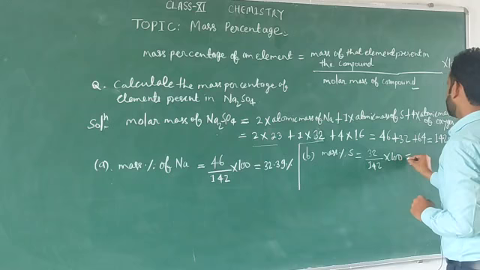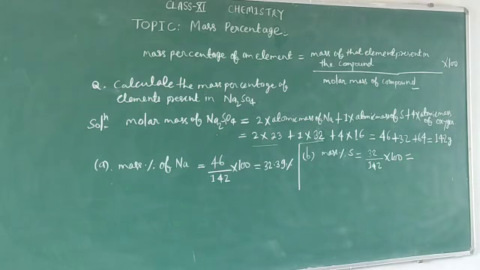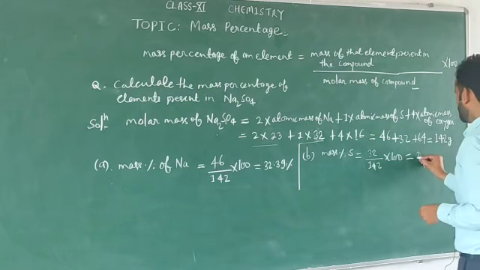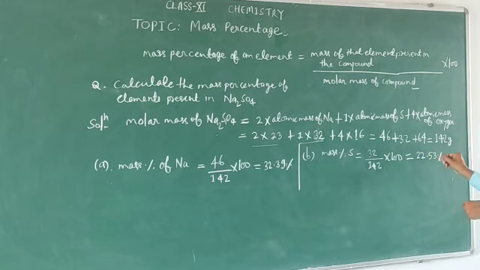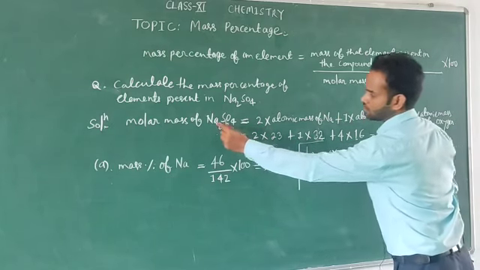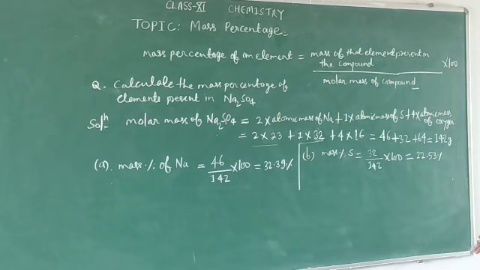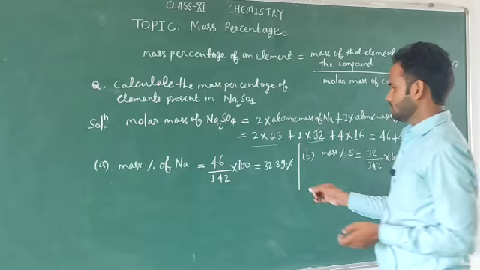After the calculation we get 22.53%. So we can say that the mass percentage of sulfur in sodium sulfate Na2SO4 is 22.53%.